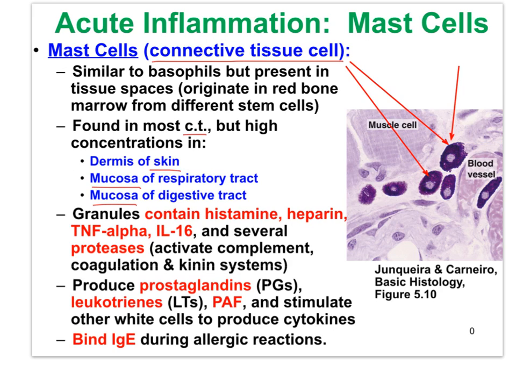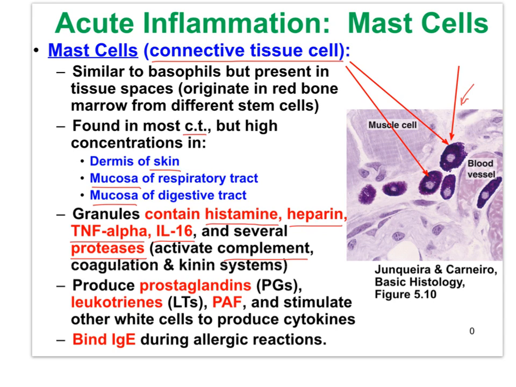Those dark blue granules that you see where the arrows are pointing, they contain lots of histamine. We've now talked a lot about its role, and heparin, which remember is an anticoagulant. They also contain TNF-alpha, interleukin-16, and several proteases. They're very important for turning on complement.